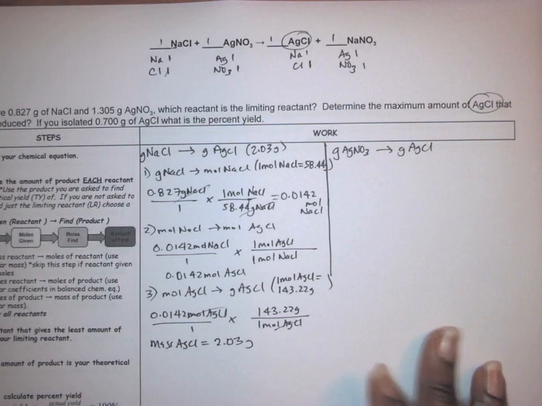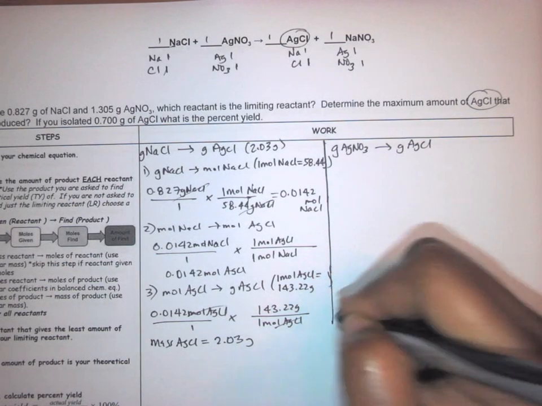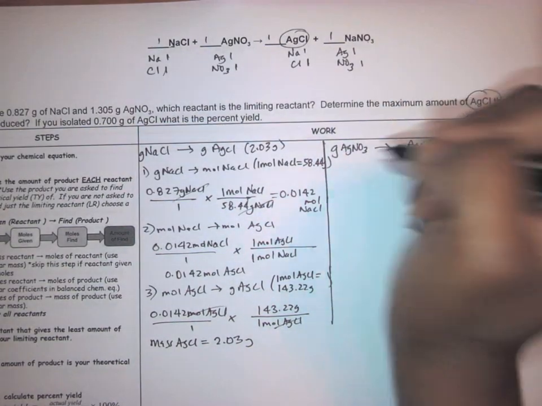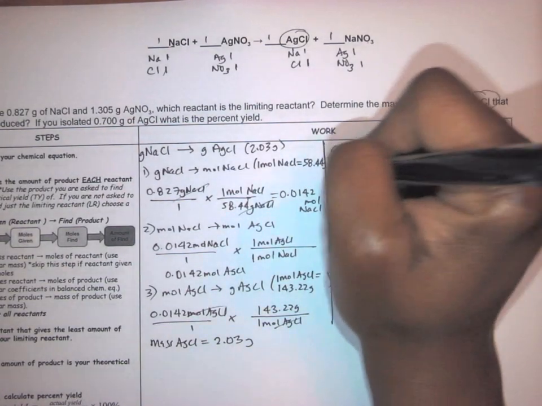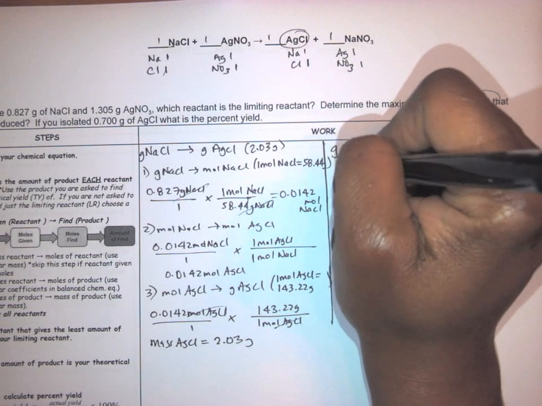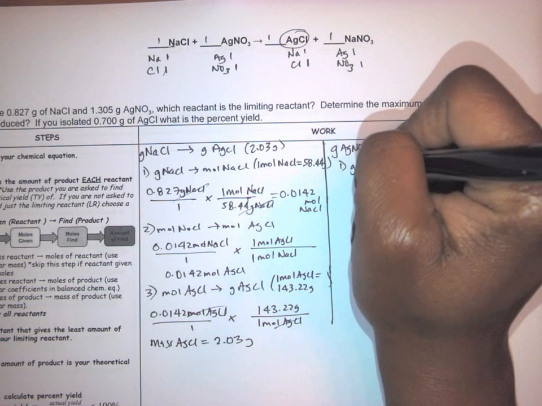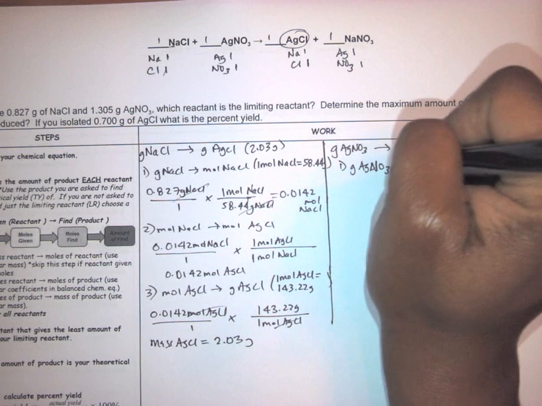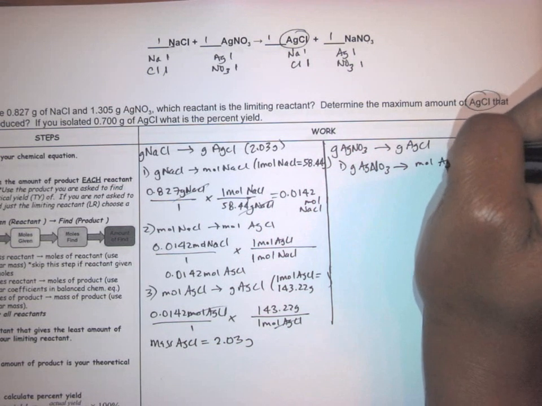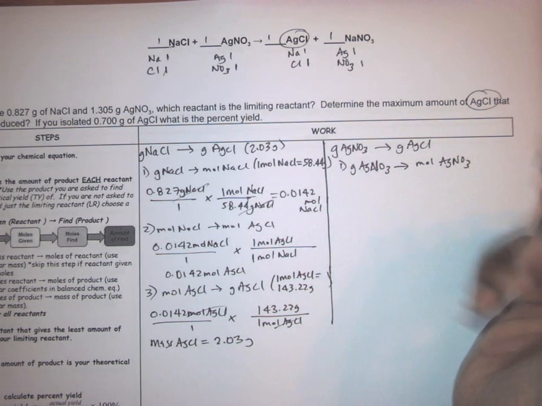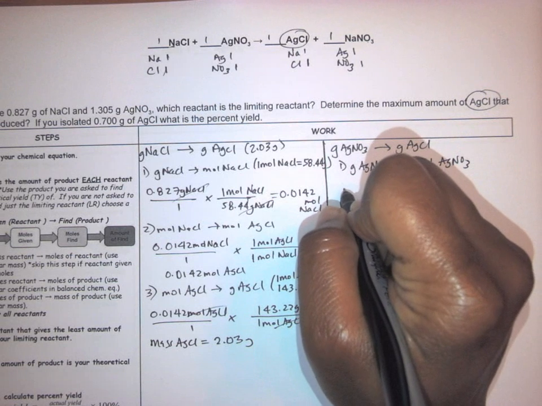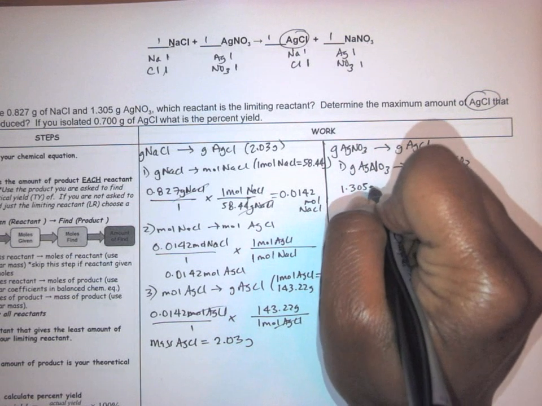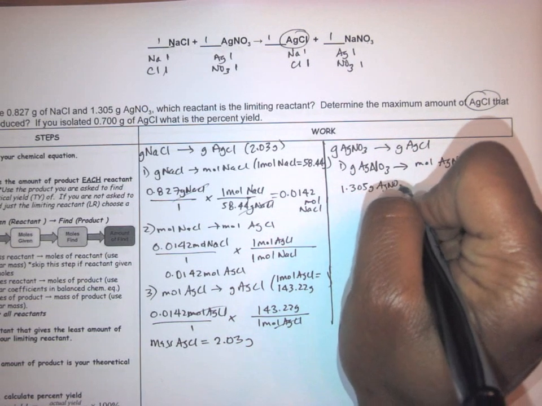Now we're going to do that for the second one. Same process, except for different reactants. So we're going to go from grams of AgNO3 to moles of AgNO3. That's our other reactant, AgNO3. All right, we're given 1.305 grams of AgNO3.